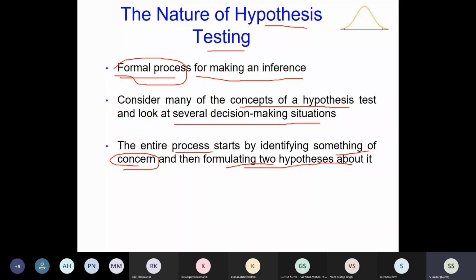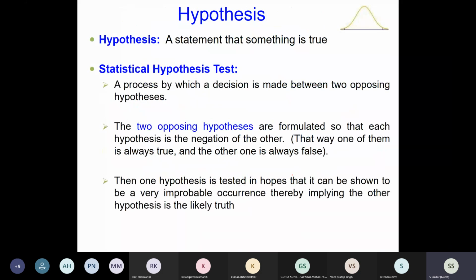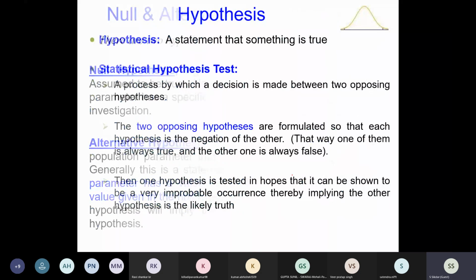So one will be called the null hypothesis, and the other is called the alternative hypothesis.